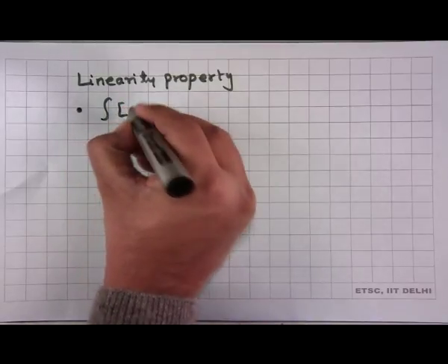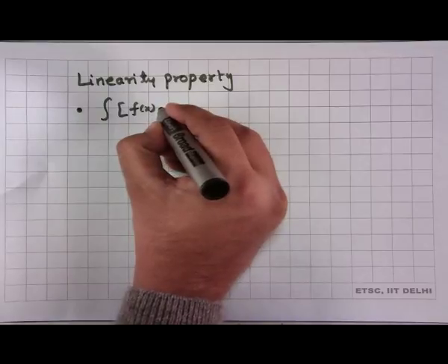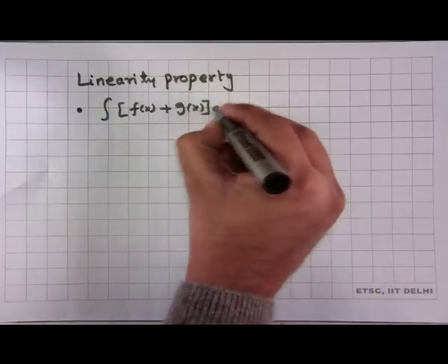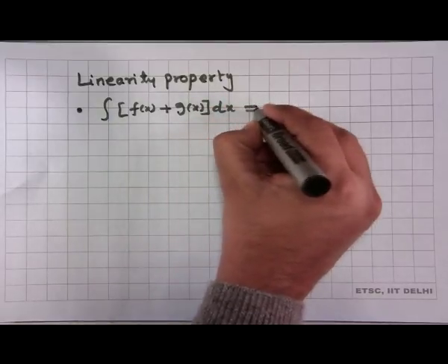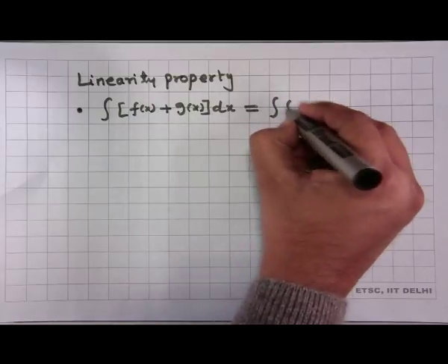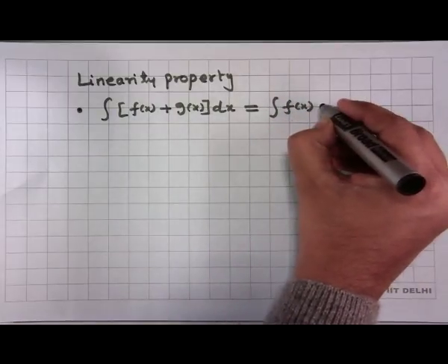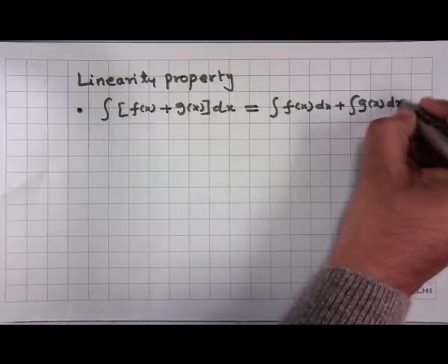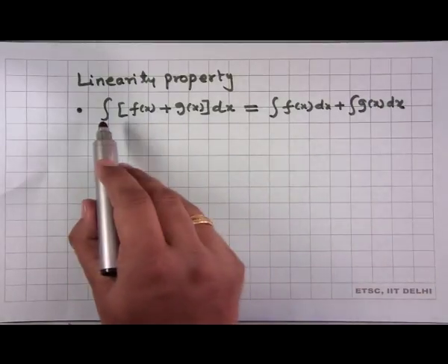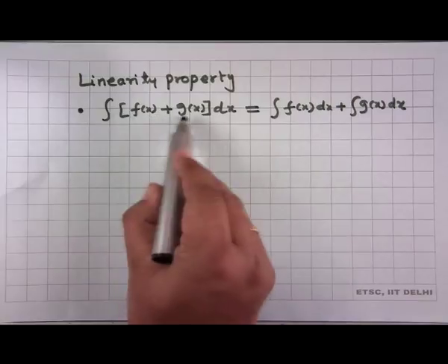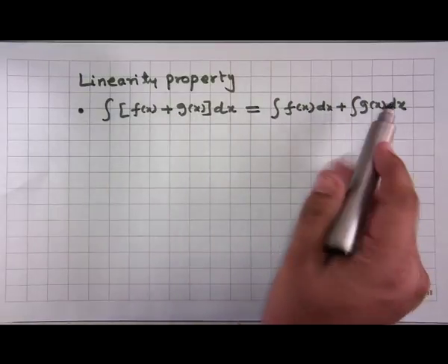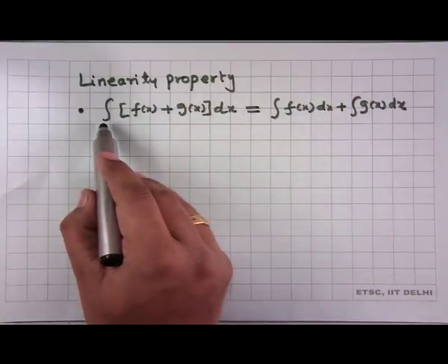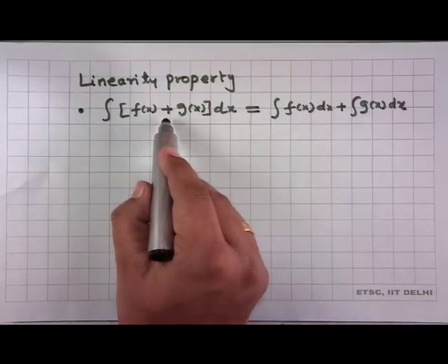Integral of f x plus g x dx is the same as integral of f x dx plus integral of g x dx. Look at the functions. It says that the integral of the sum of two functions is the same as the sum of the integrals of those two functions. The integral basically distributes over the sum.